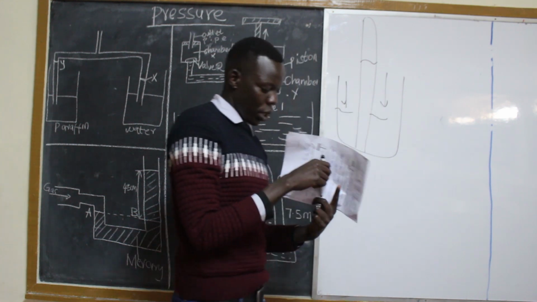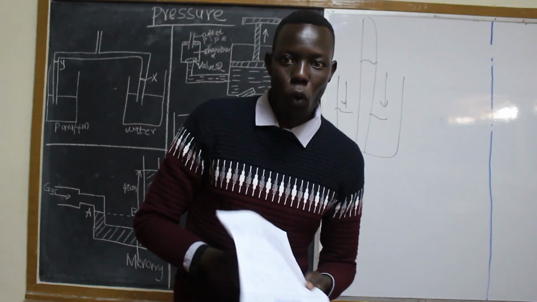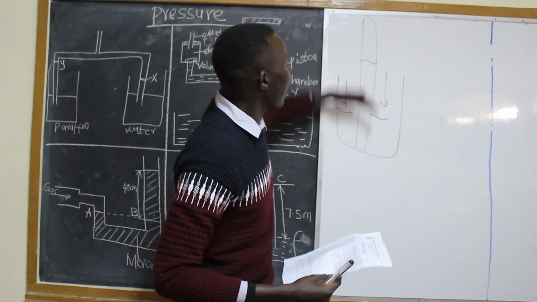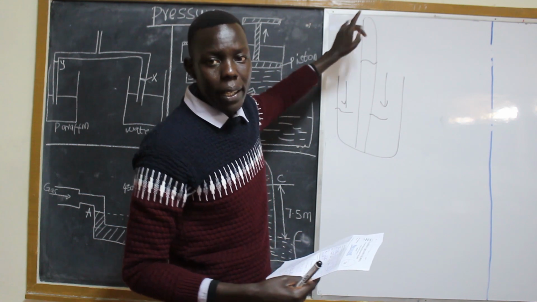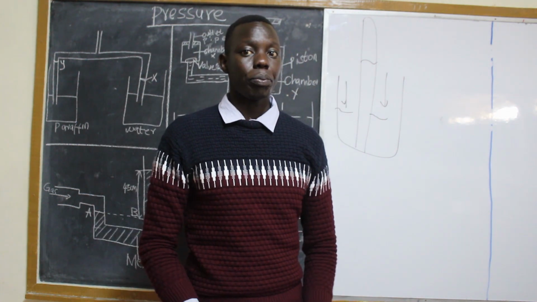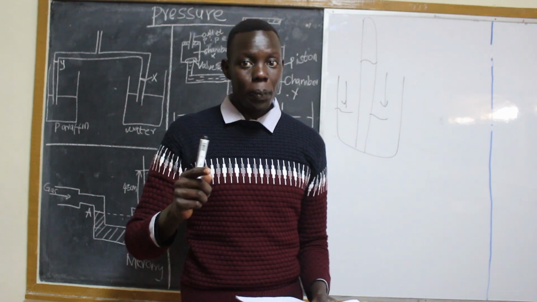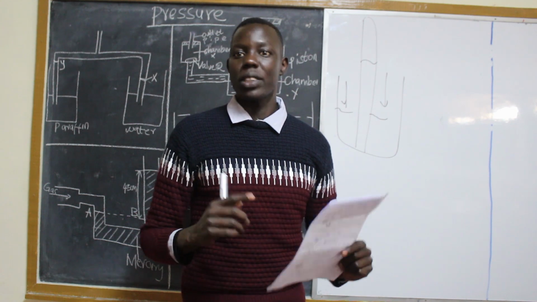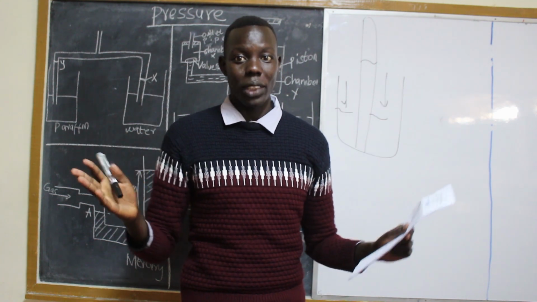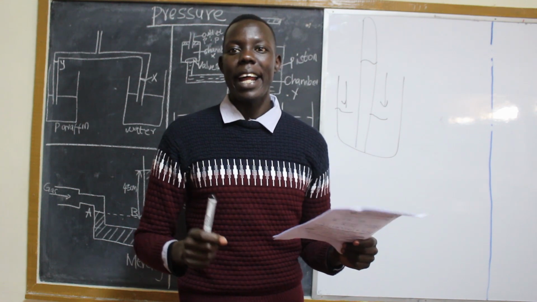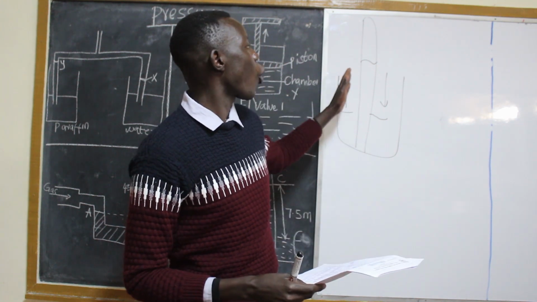So if it is mercury, it will just give us a height of 76 centimeters roughly. So to provide an allowance, we just use a tube of 1 meter. If you try to use water, you will have to find a tube 10 meters and above. If you use paraffin, it is worse. It will be even more than 20 meters. So the best thing is we use mercury because mercury has a higher density, hence a shorter column.